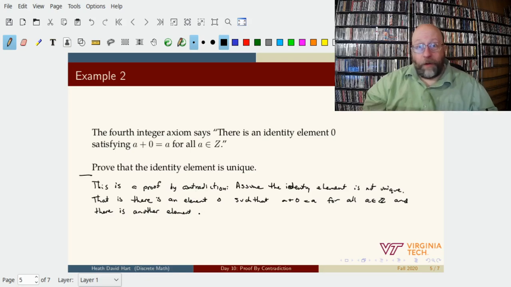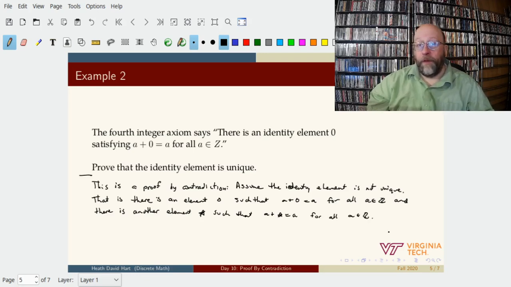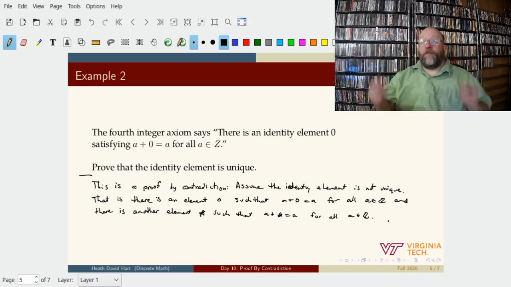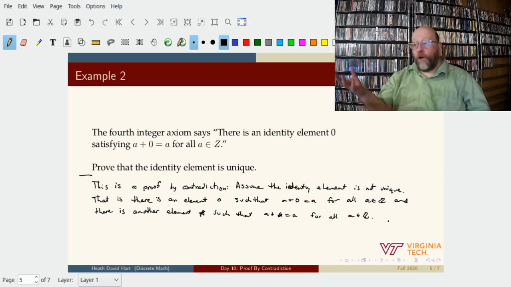So I'll call it star, such that a plus star equals a for all a in the integers. Okay? So we're assuming that we have these two elements. 0 that works the way that 0 always does, and star that works the same way.